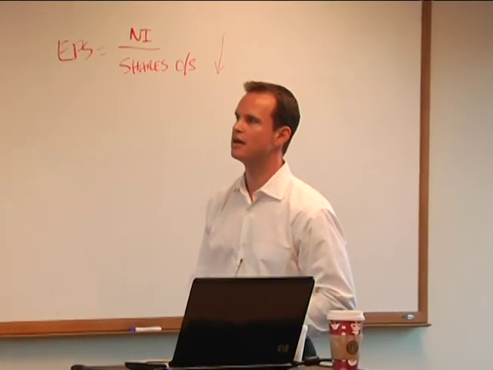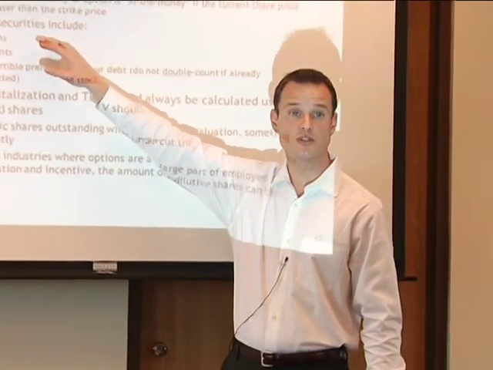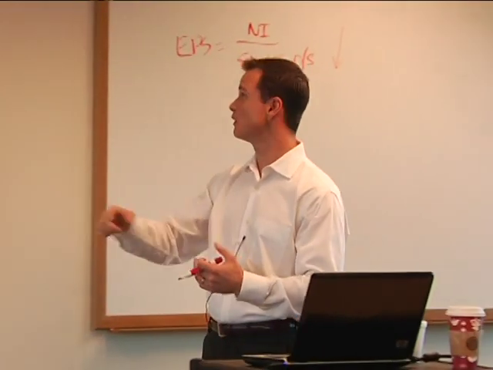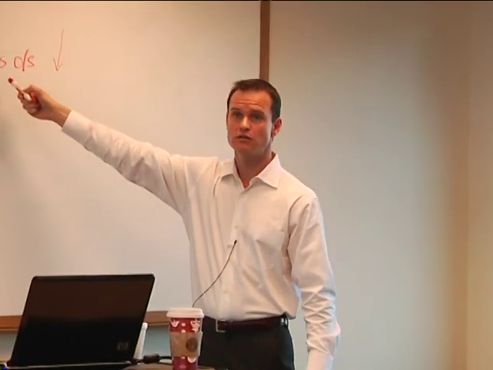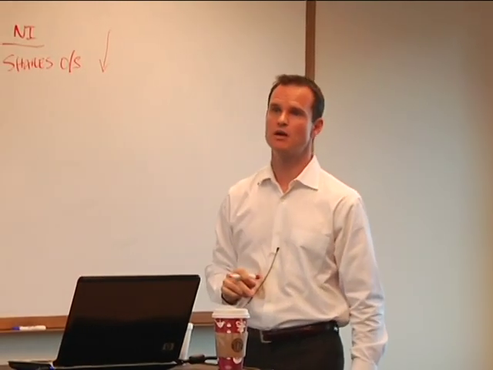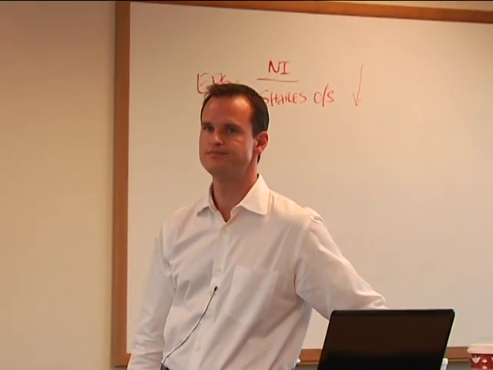And typically when we mention dilutive securities, we're talking about things like stock options, warrants, maybe convertible securities, preferred stock or debt that can be converted into shares and drive up that share count. So that's what we're talking about when we say dilution, something that would dilute earnings per share.